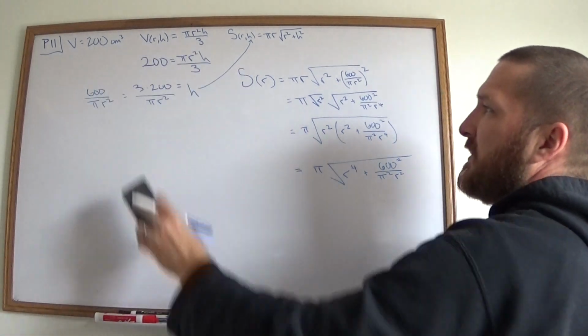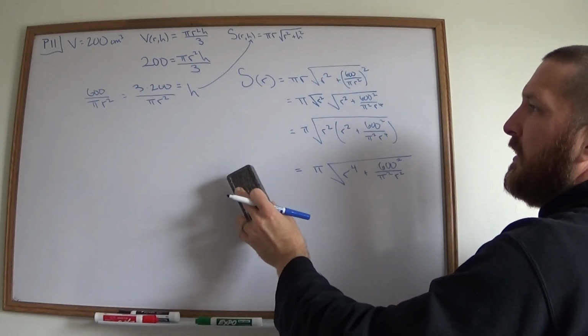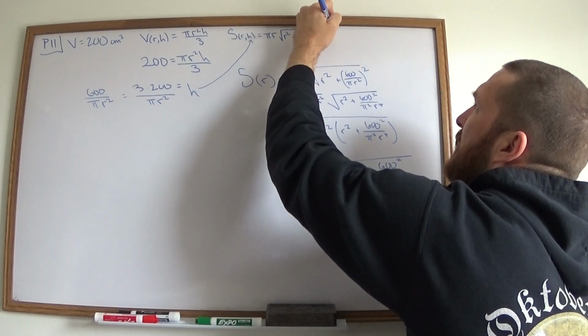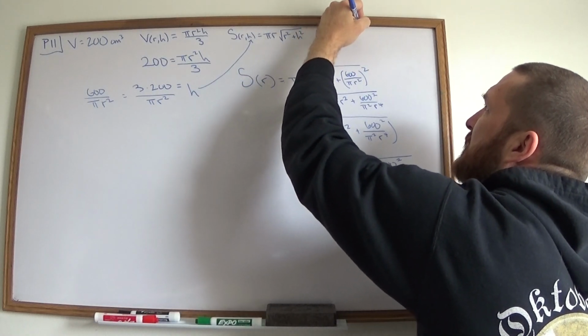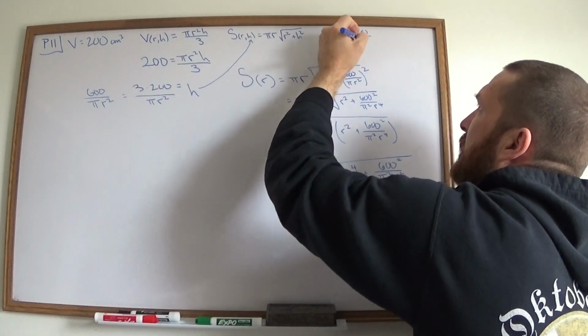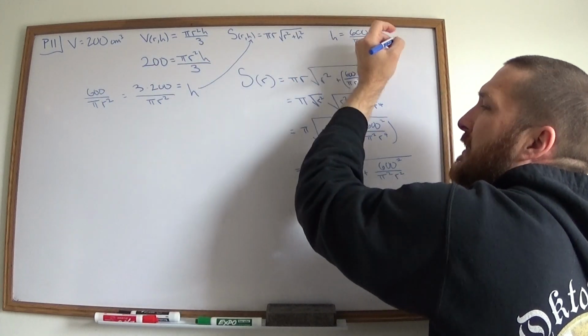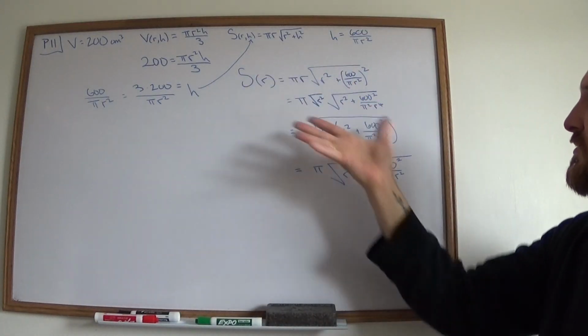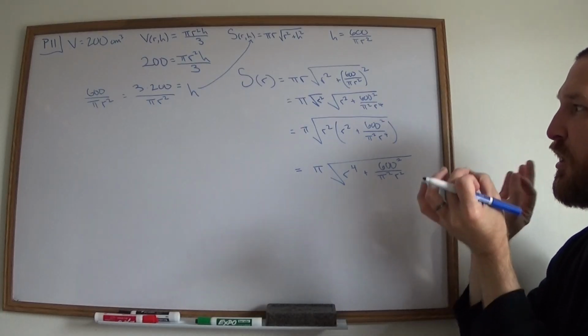I'm going to get rid of this to give myself some room. Okay, actually, it'd probably be a good idea to keep this somewhere. h is equal to 600 over pi r squared. Because I asked, what dimensions do this? And I'm thinking, I'm about to do some calculus on this, find an r value.